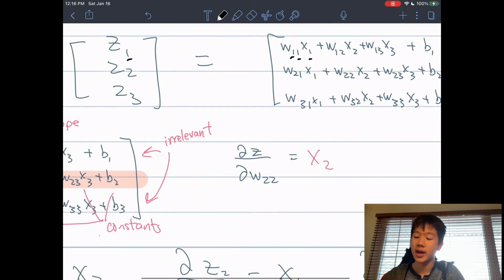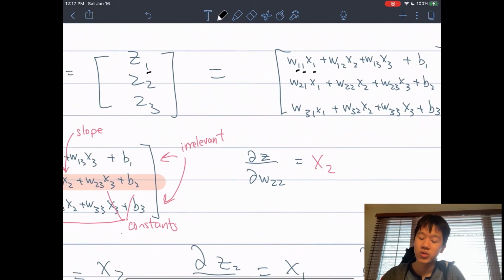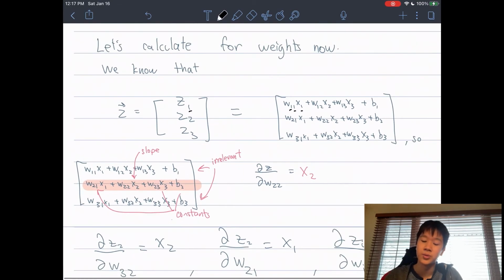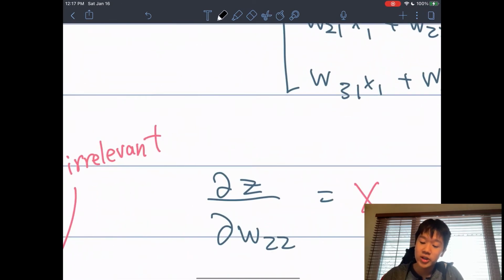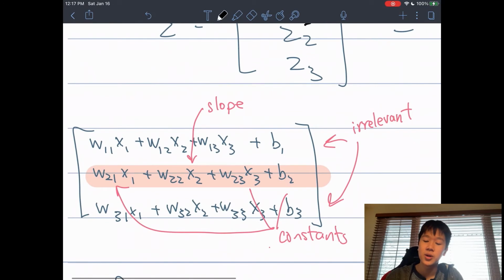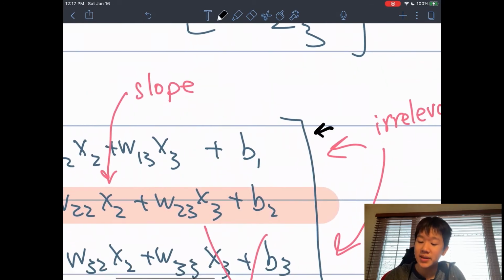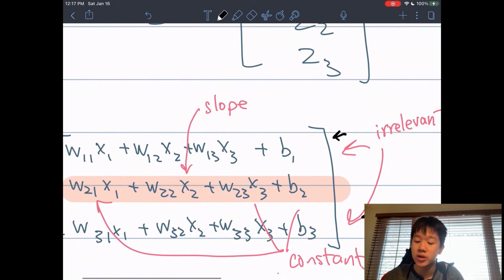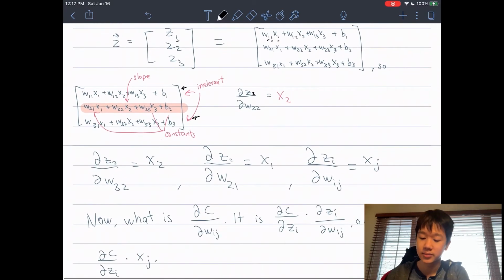It's going to be x2. So del z over del w22 is x2. More precisely, you could say that del z2 over del w22 is equal to x2, but this doesn't really change anything because these are irrelevant. They don't contain any w22 and it does not affect us.